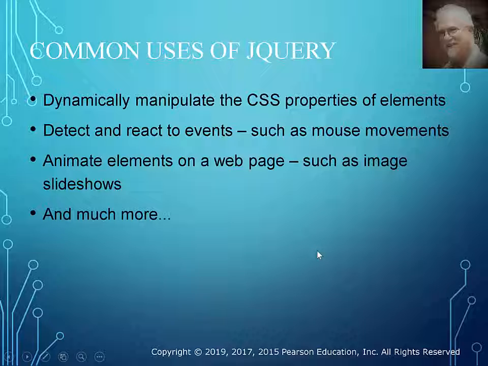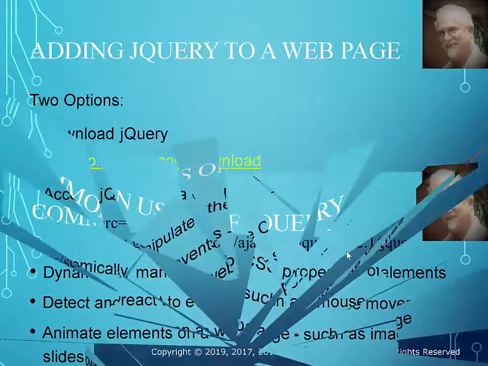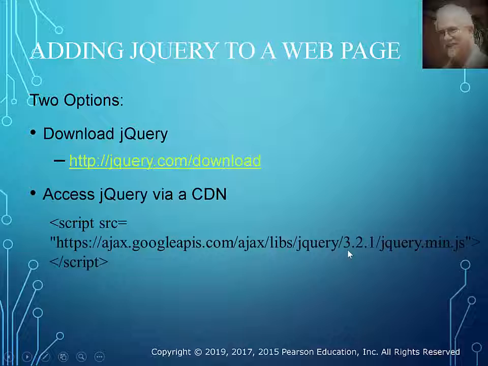With those jQuery functions, you can dynamically manipulate cascading style sheet properties, detect and react to events, animate elements, and tons of other things. jQuery and jQuery Mobile are incredibly cool.